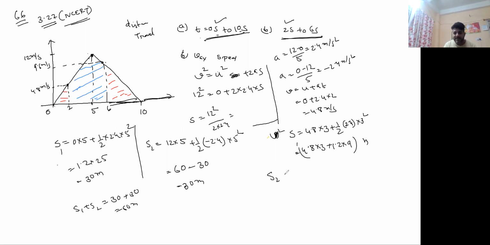फिर यहाँ से यहाँ तक, the next distance that is initial is 12 into 1 plus half minus 2.4 into 1 का square. तब फिर ये दोनों को ऐड करोगे तो you get 36 and then divide it.